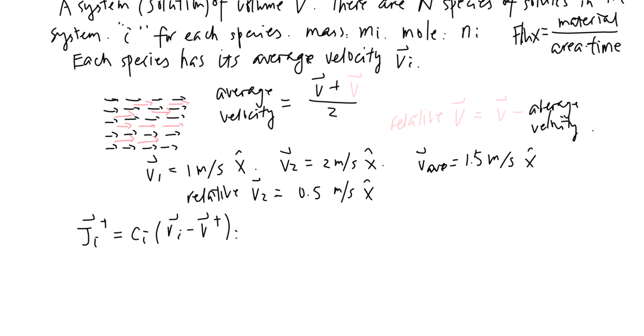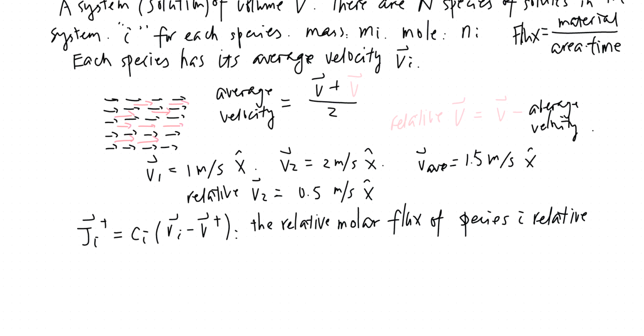This is the relative molar flux of species i relative to the molar average velocity.